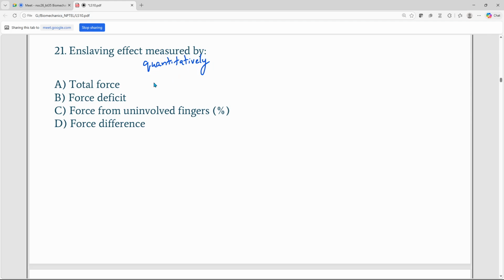Is it by the total force produced by all the fingers, or by the force deficit in multi-finger tasks, or by the force produced by uninvolved fingers as a percentage of their maximal force in single finger tasks? Option D, or by the difference in force production between intended and non-intended fingers.